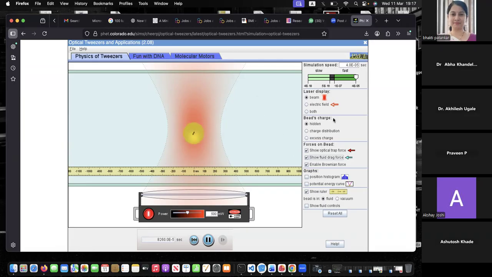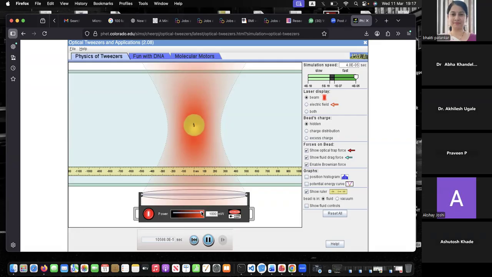Let me increase the laser power here. Right now this is at 500 milliwatts. If I double the power, you can see that the jiggling is reduced somewhat.